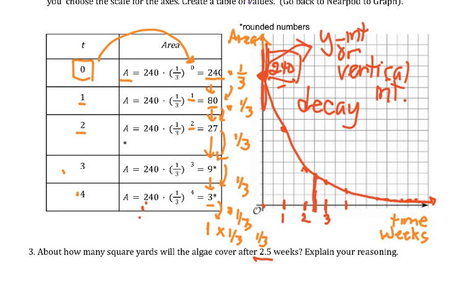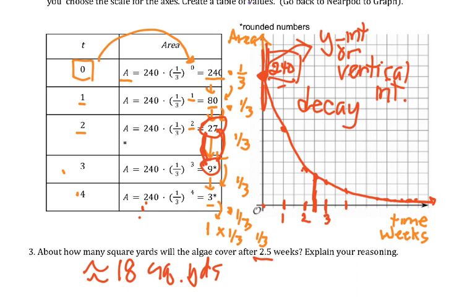I'd take it up until it hits the point, and we figured out that it would be approximately 18 square yards. So take a look right here. If at week 2 it's at 27, week 3 is at 9, I would go halfway, somewhere in the middle between 27 and 9.